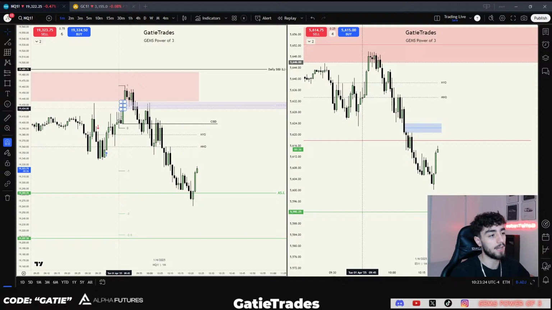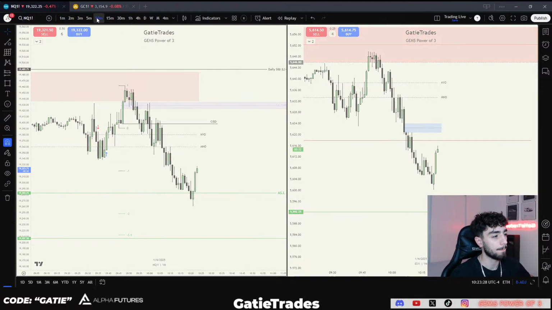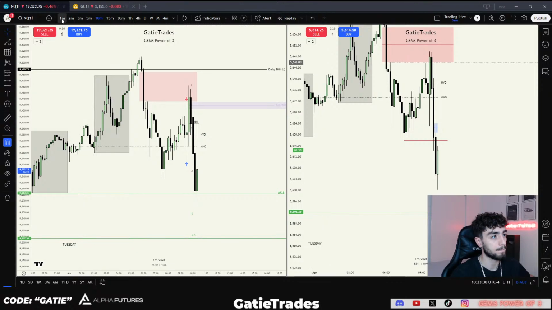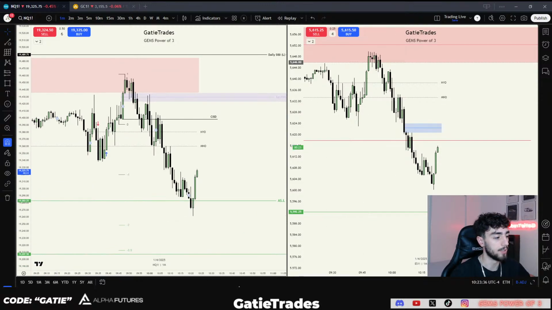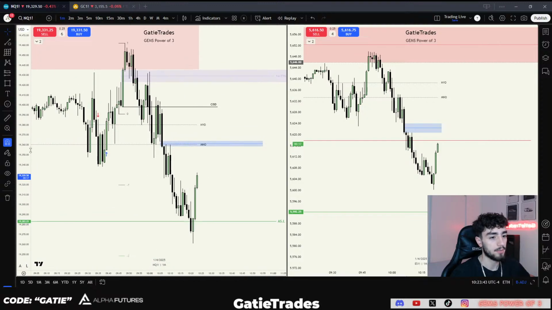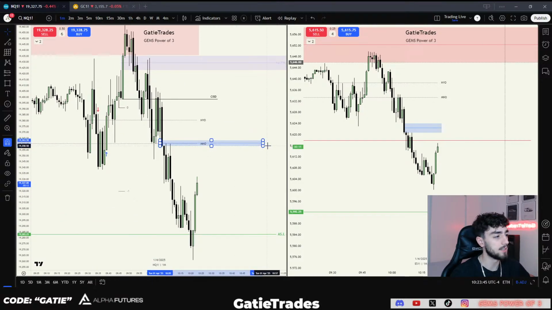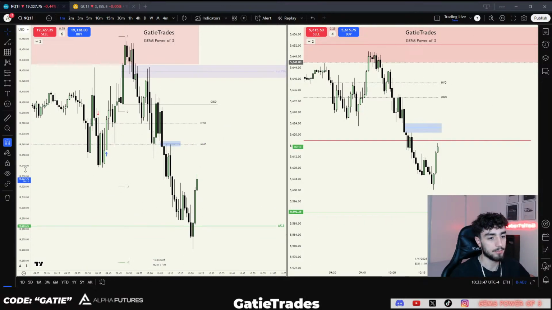Yeah, I'm not saying it's not valid. I'm just saying it's not my model. I'm not saying it's invalid. Yeah, if you want to trade institutional order flow, entry drills, it is a protraction. The CISD is a model, but this is not a protraction.